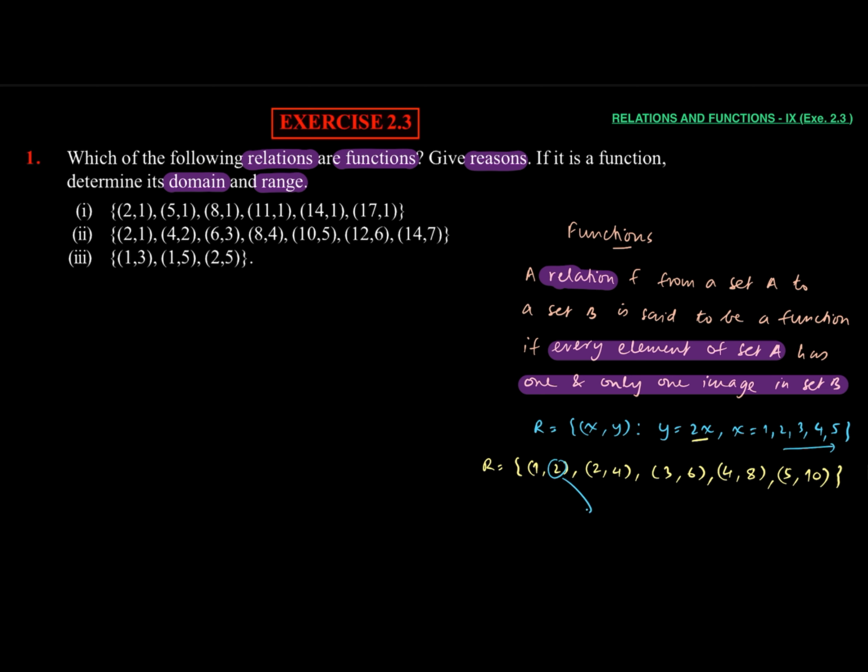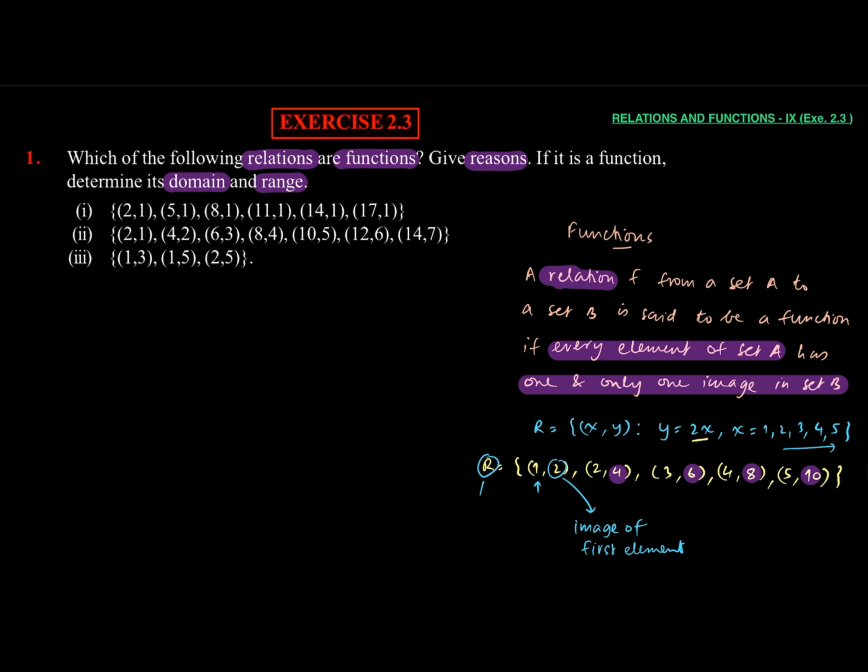Now the second element of each ordered pair forms the image of the first element. That is, 2 is the image of 1 in this case. Similarly, 4 is the image of 2, 6 is the image of 3, 8 is the image of 4 and 10 is the image of 5. Here one can observe that every element has its unique image.